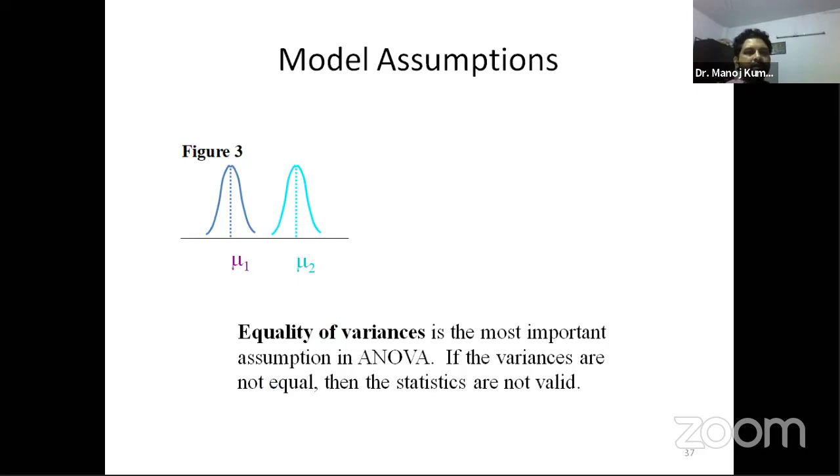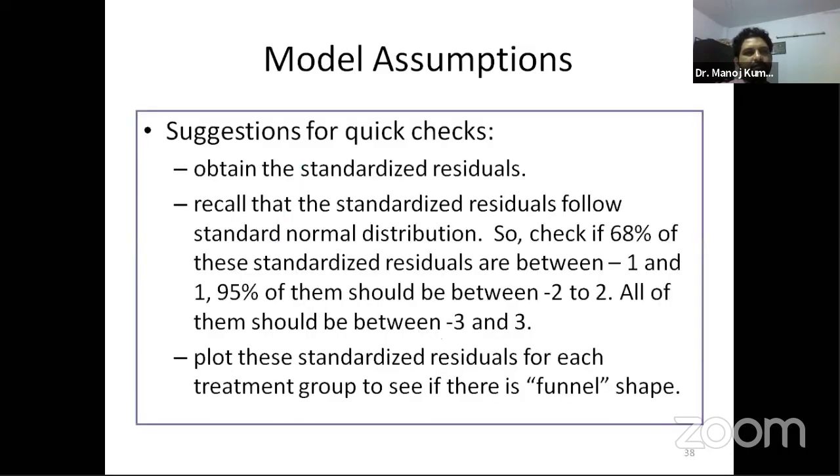In this diagram you can see that both samples have the same mean value and equal variances. Equal variances is the most important assumption of ANOVA. If the variances are not equal, then you cannot give the appropriate answer to your objectives, or it will give you wrong statistics. So, normal distribution with equal variances are the model assumptions.